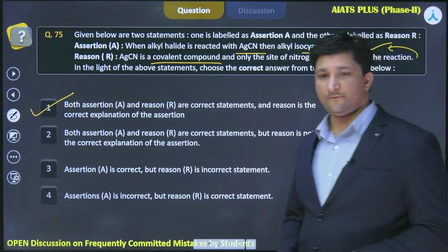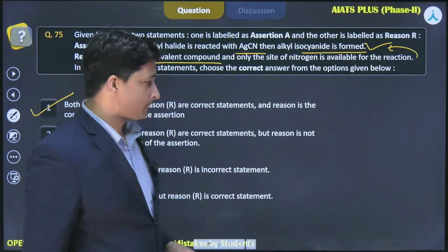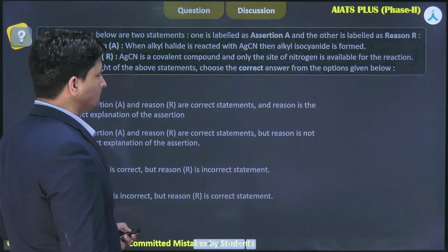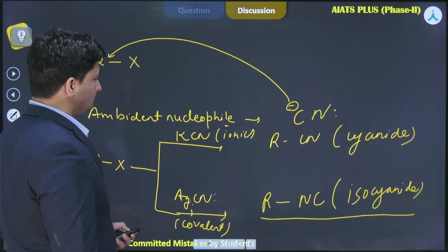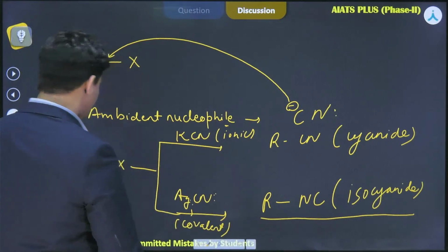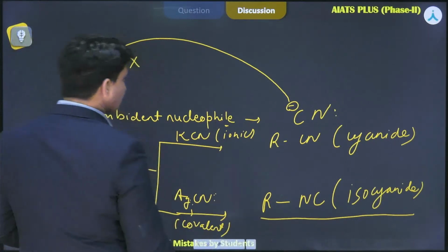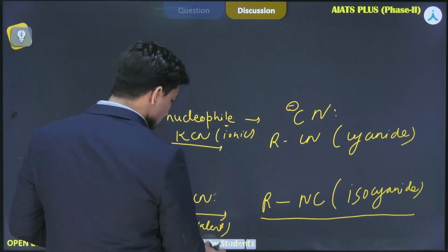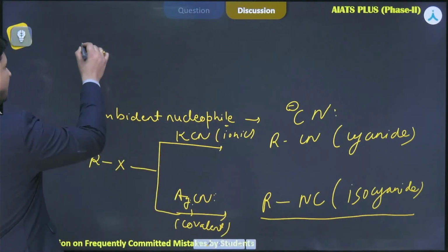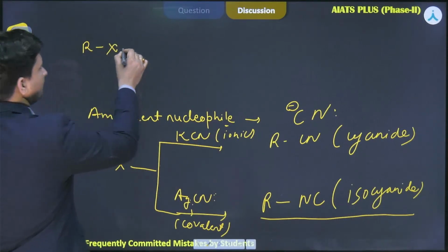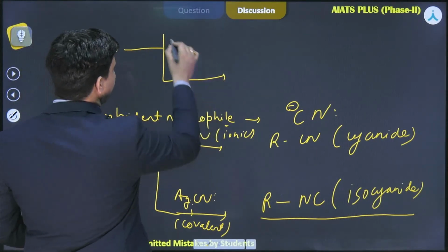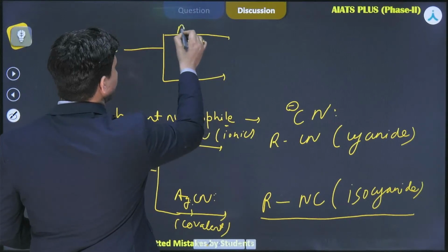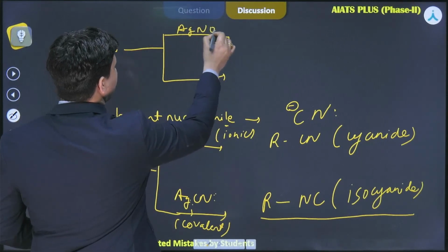So if NO2 minus is there, similarly, what is going to happen if this RX is allowed to react with AgNO2.